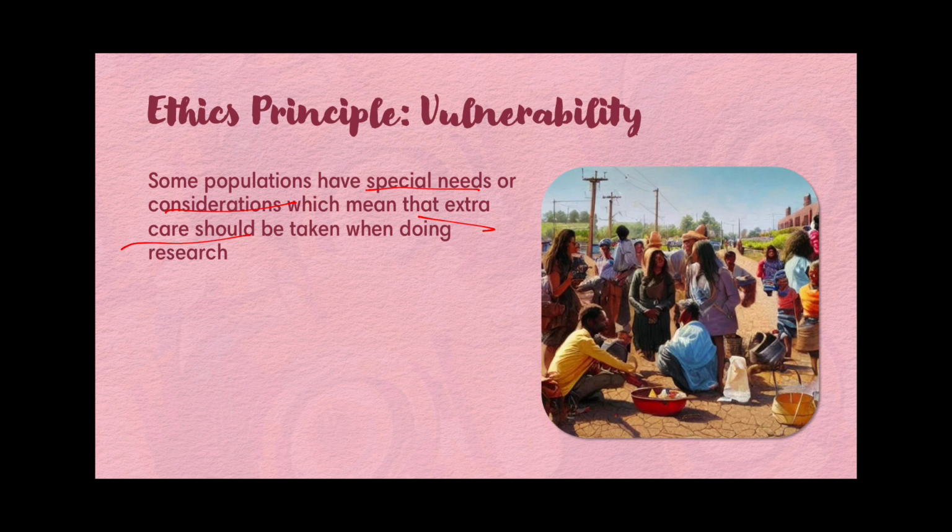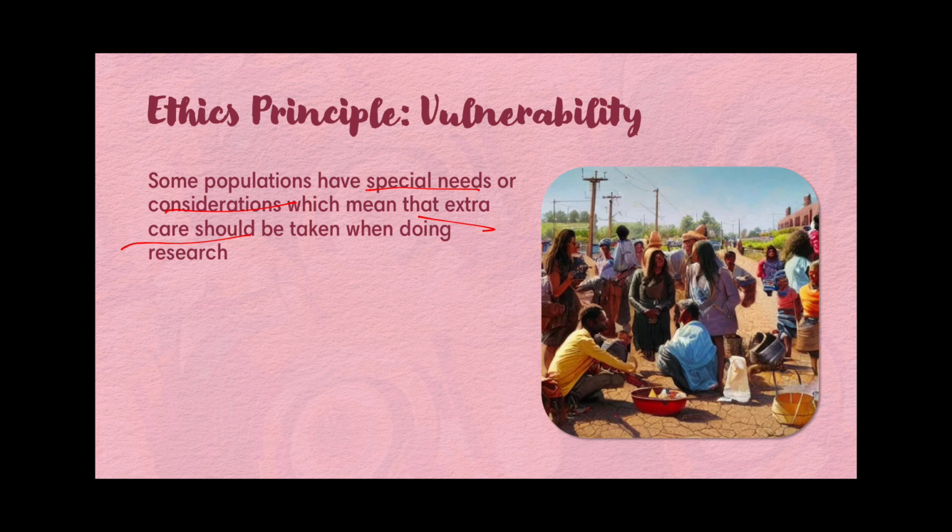Another is for people who belong in institutions, like prisoners. For example, if you want to do a study on priests, nuns, the military, because they're institutionalized, their autonomy is lower, their ability to decide for themselves is lower, because for example nuns, priests, and military have the duty of obedience.